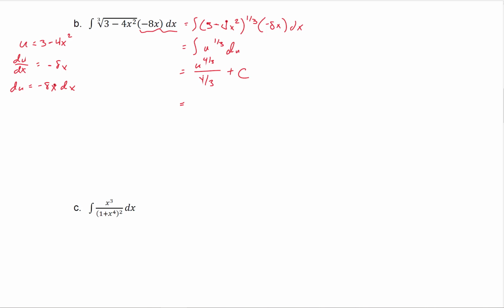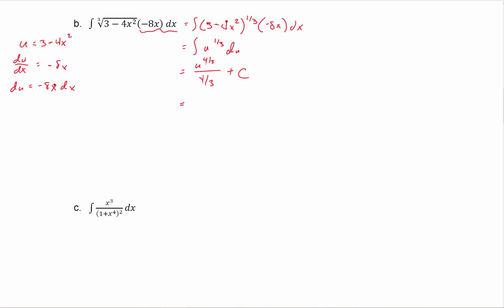And I usually recommend simplifying before you try to back substitute, because it's always going to be easier to simplify using u's than it would be to try to simplify using our actual value that u was. There's less stuff floating around. So it's going to be easier in this case to simplify first.